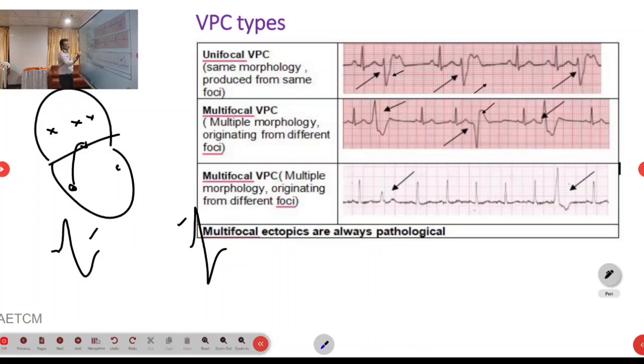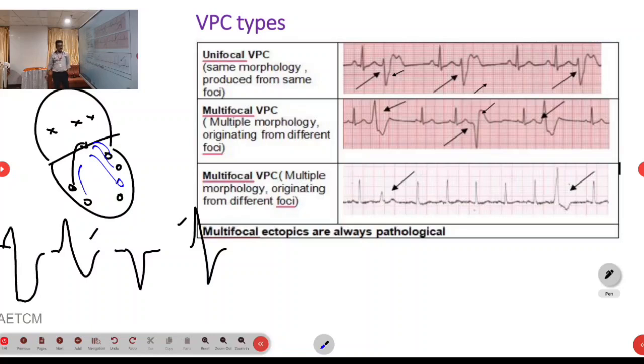Suppose the ventricle is not good, if there is an electrolyte imbalance or a problem in the ventricle like ischemic heart disease, it can also generate from other focuses. Then the morphology of the VPC may be different. They are called multifocal ventricular ectopics.